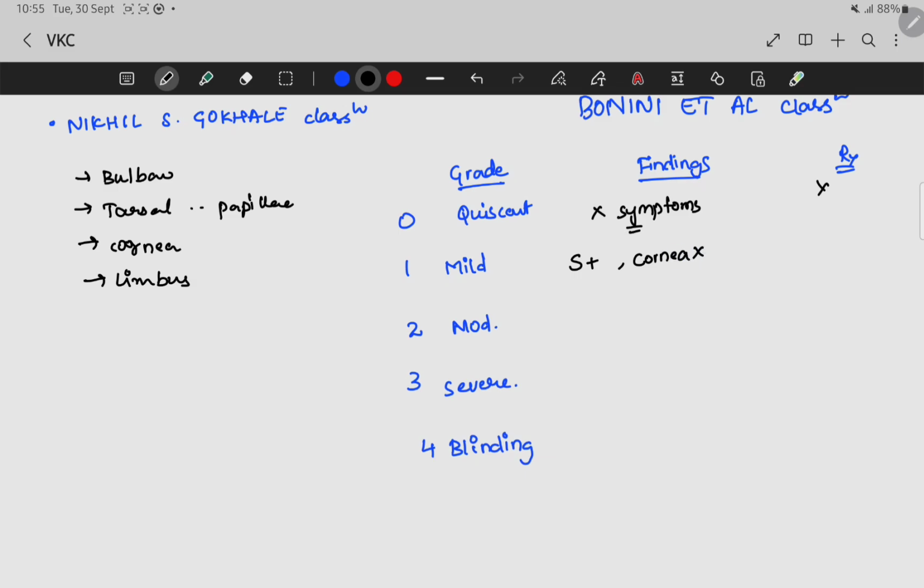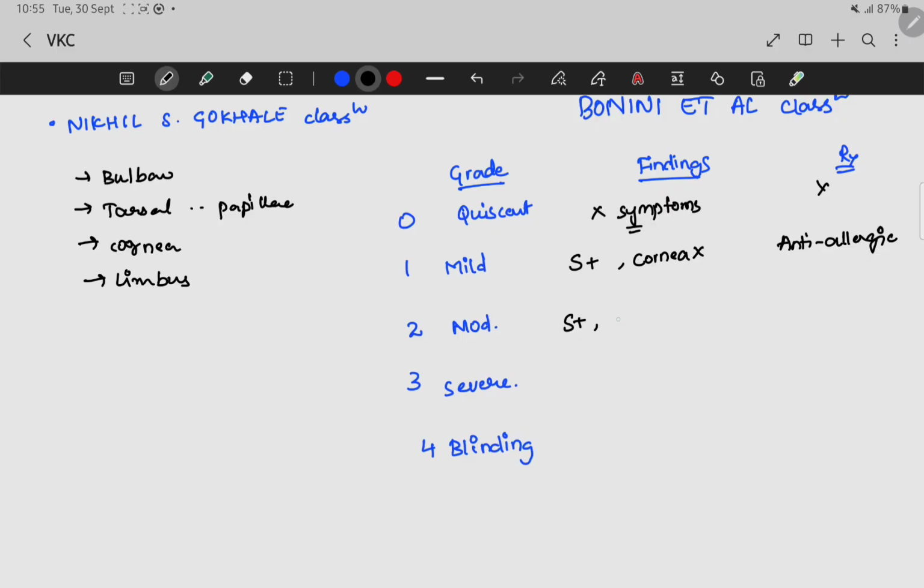So in grade 1, the symptoms are present. As we said, the symptoms include burning, itching, watering, and all. There is no corneal involvement in mild cases, and the treatment is with anti-allergic medications.